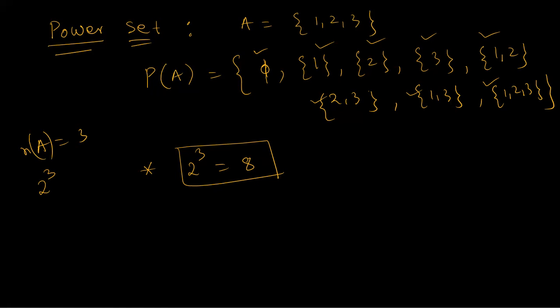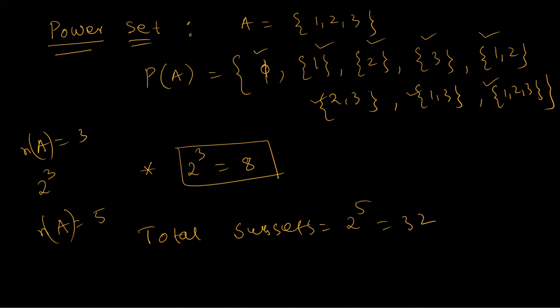Now, if you take an example, let's say A has 5 elements. What is n of A? 5. So what is the total number of subsets? The total number of subsets will be 2 to the power 5, that is 32.